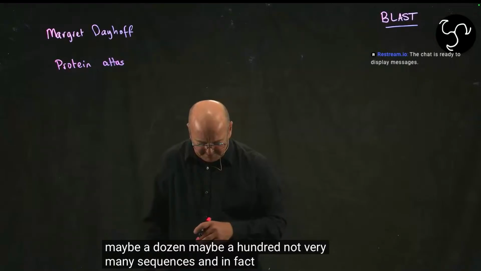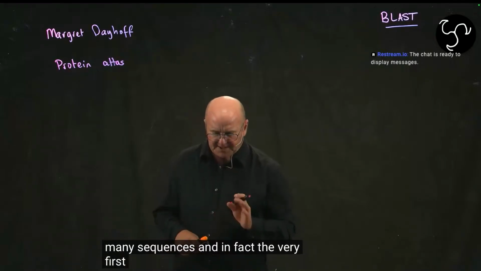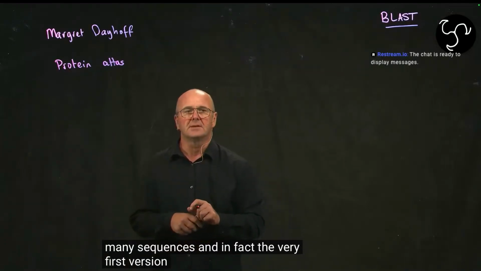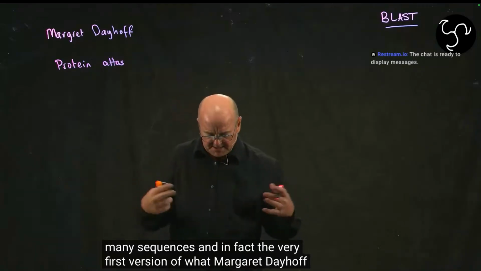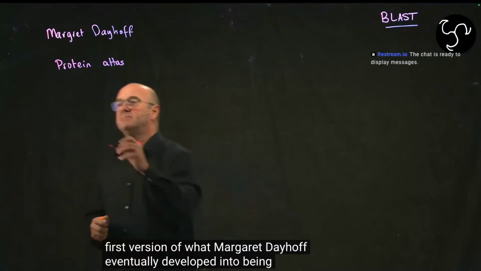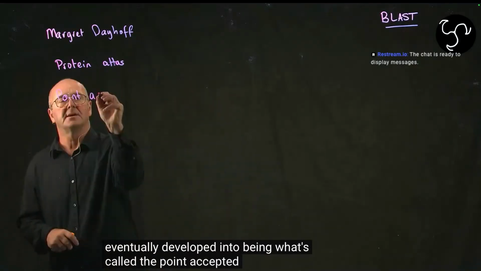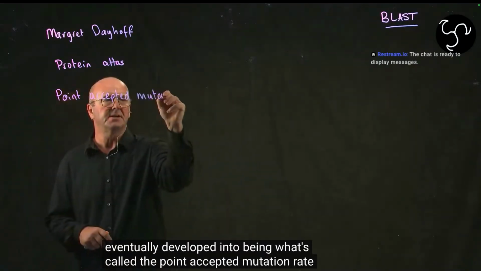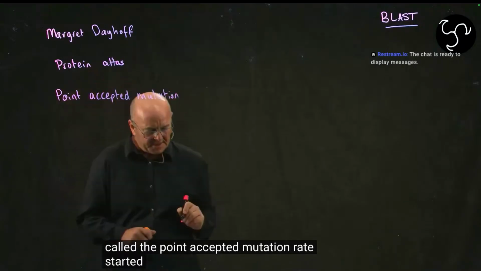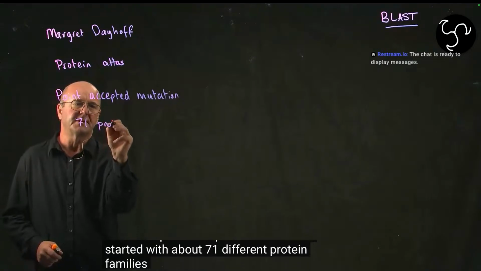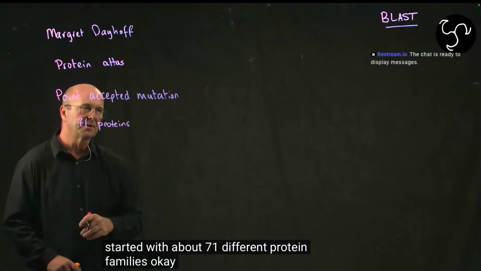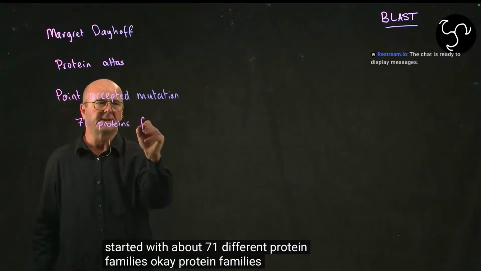And in fact, the very first version of what Margaret Dayhoff eventually developed into what's called the point accepted mutation rate started with about 71 different protein families. Okay? Protein families.